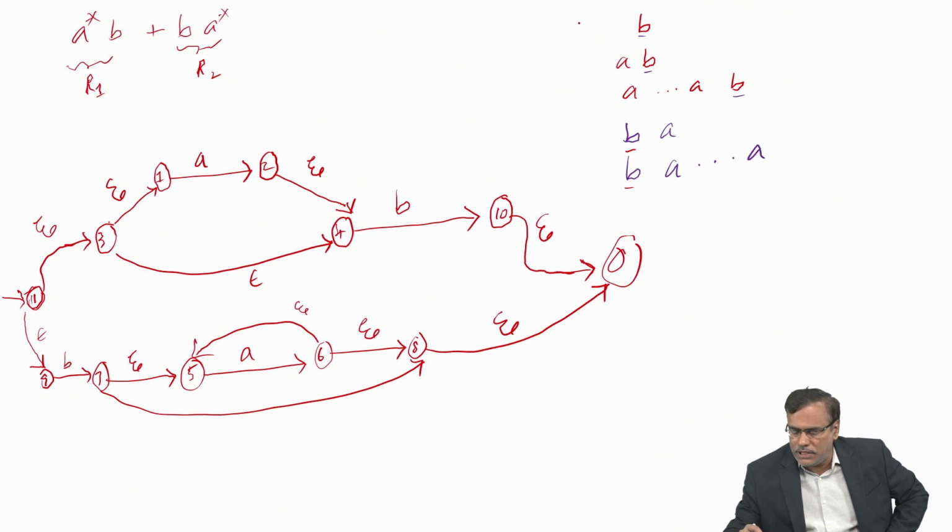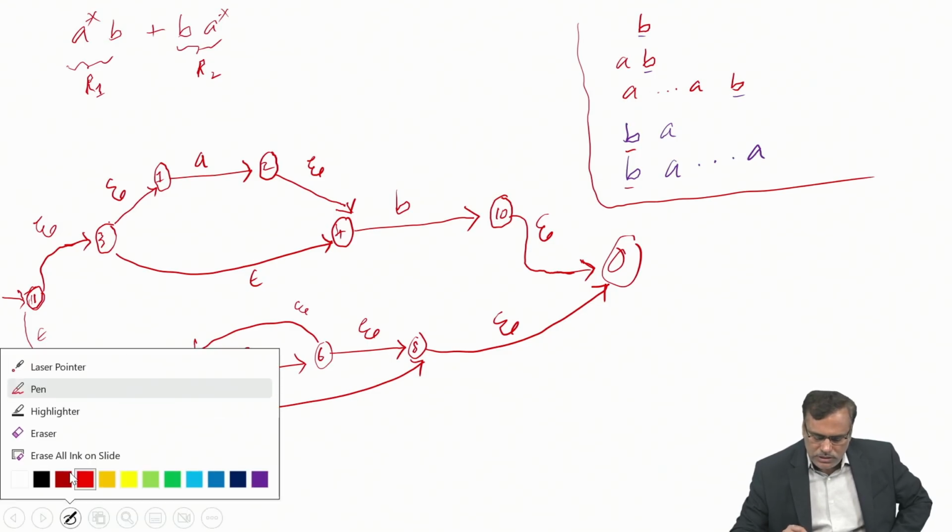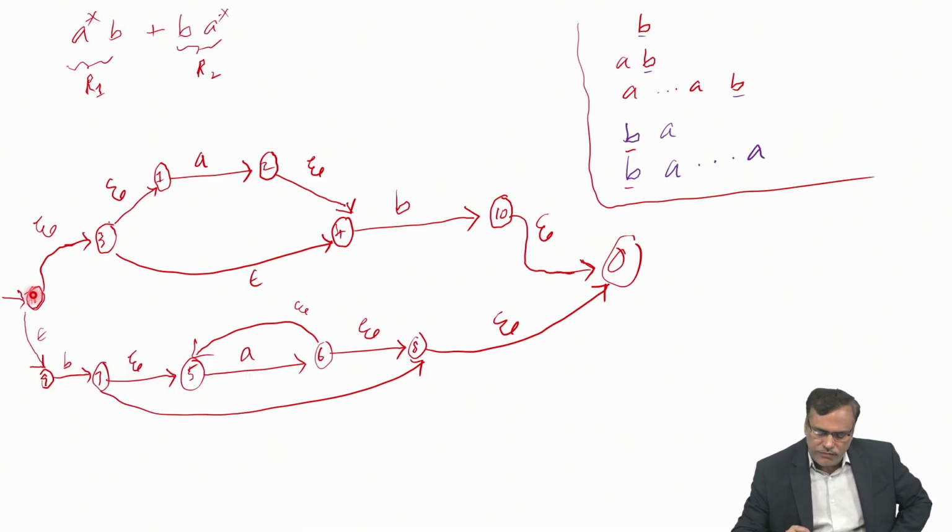These are some possible strings of this expression. So b, how is it going to get accepted? There are two ways. For b, it can go in this fashion to the final state, the double circle.